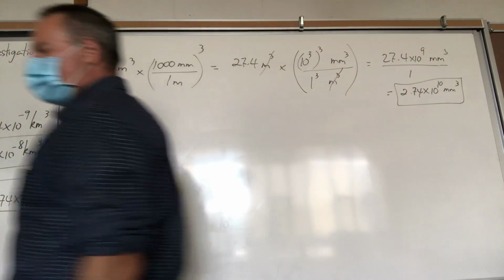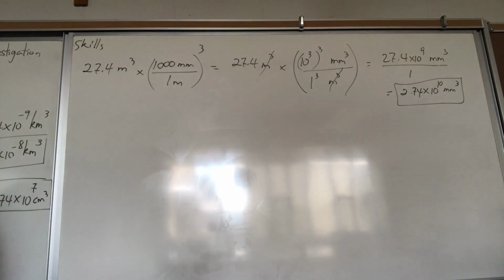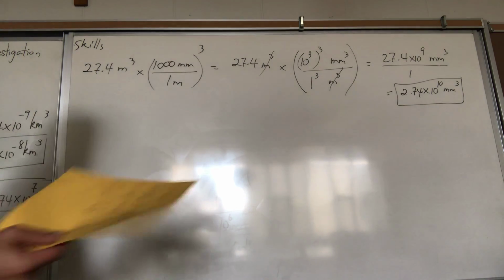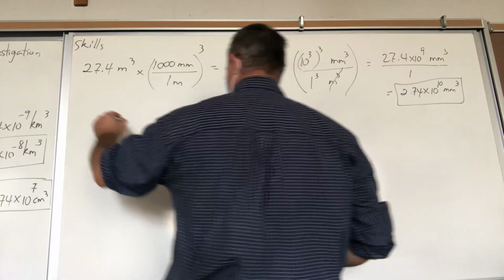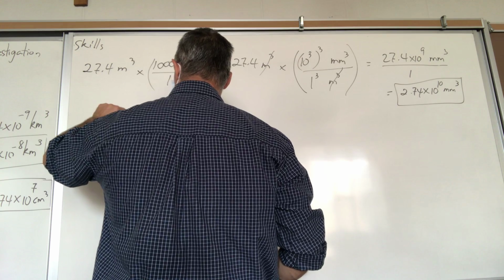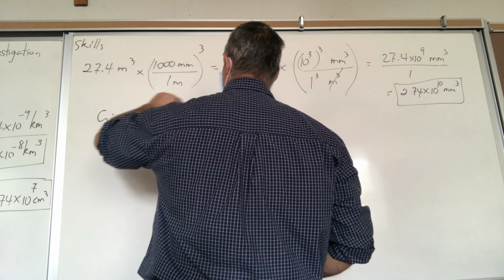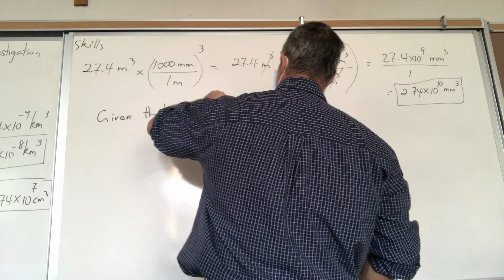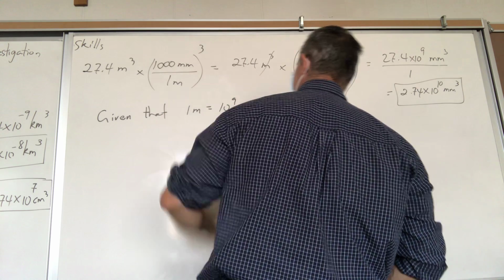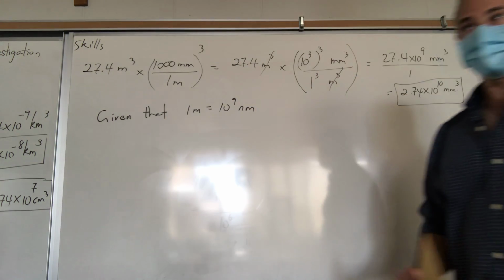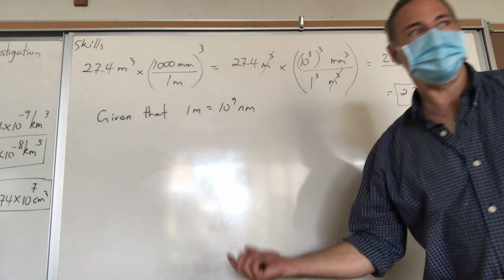We can add one more bonus calculation to see if you've learned this. I want you to try this. Given that 1 meter equals 10 to the power of 9 nanometers, so nanometers are a billionth of a meter, and there's a billion nanometers in 1 meter.